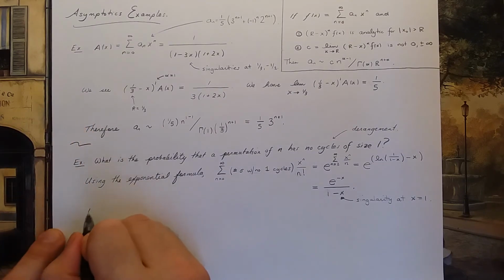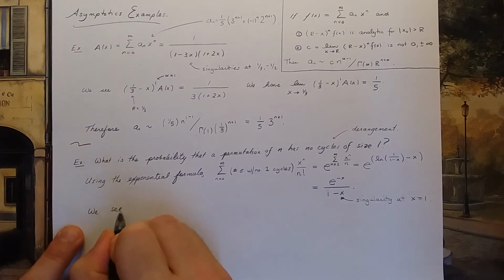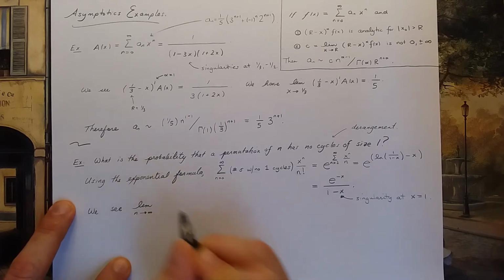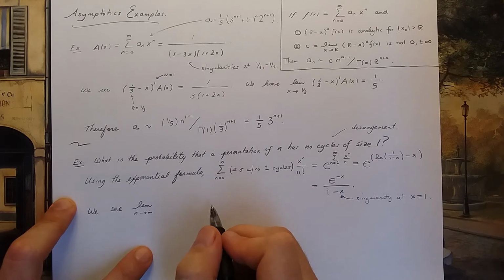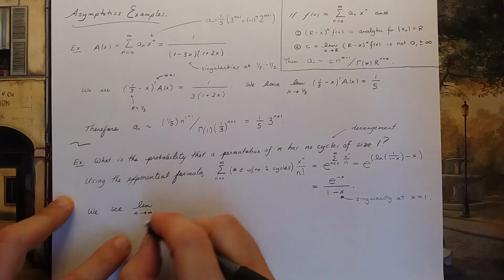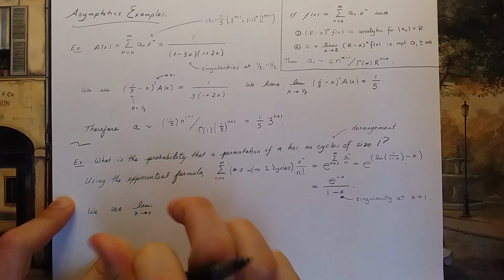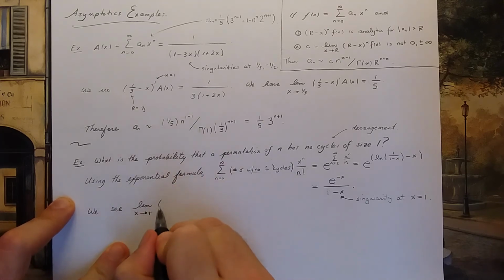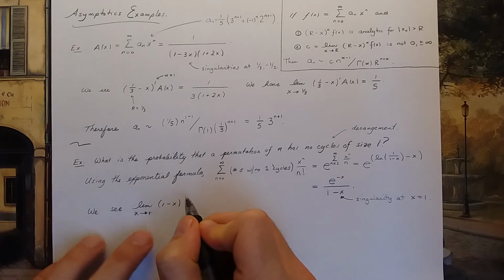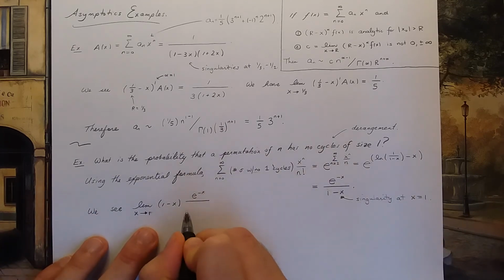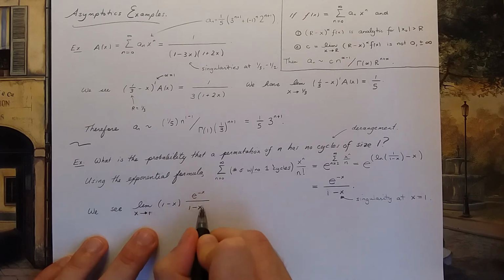And we see that the limit as x goes to 1 of 1 minus x times my generating function, e to the negative x over 1 minus x. This totally cancels.